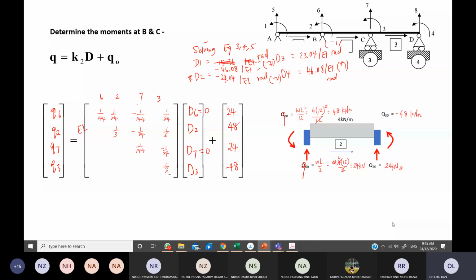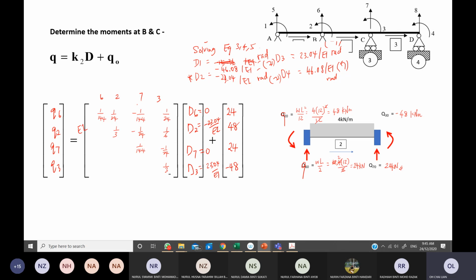So D2 is negative 23.04 over EI, and then D3 is 23.04 over EI.